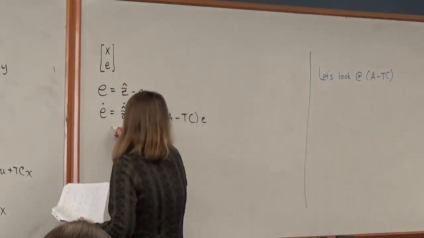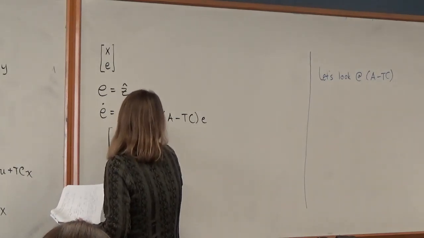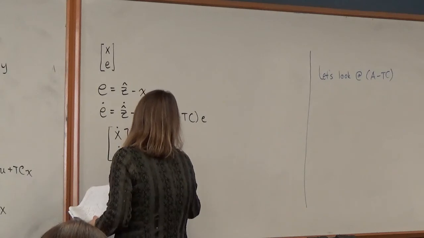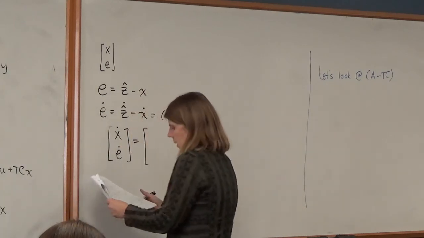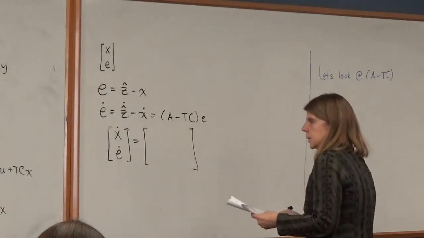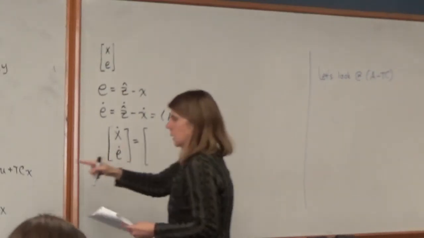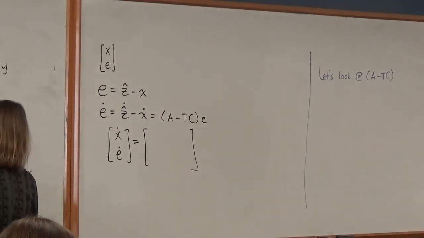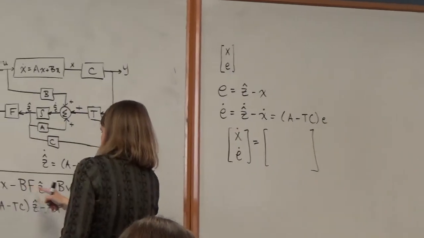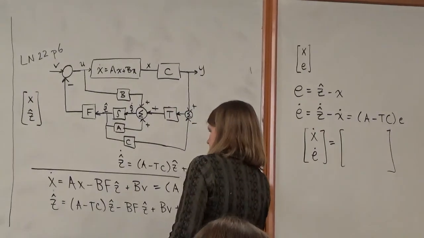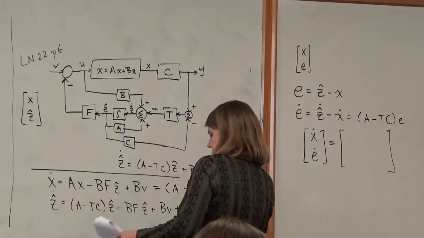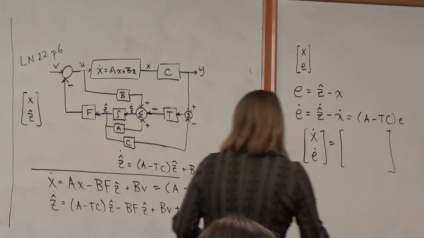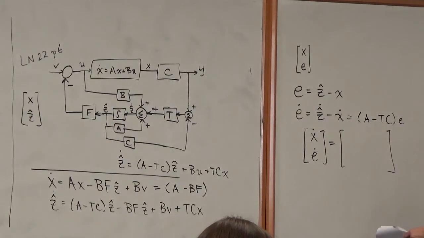Alright, so now if I write out the dynamics of the big system, I have x dot and E dot. And what's that going to be? So x dot is equal to, let's write that out carefully, A minus BF.